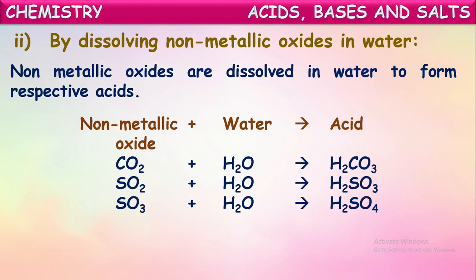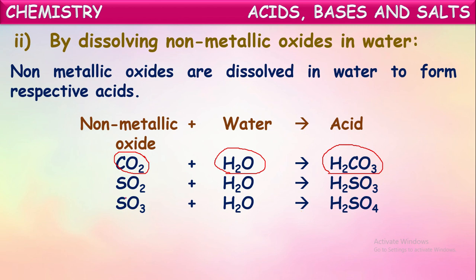For example, let us see one of the very well known non-metallic oxides, carbon dioxide. Carbon dioxide is fairly soluble in water. When it dissolves into water, this carbon dioxide forms carbonic acid with formula H2CO3. Okay, in this way, non-metallic oxides when they dissolve into water form their respective acids.